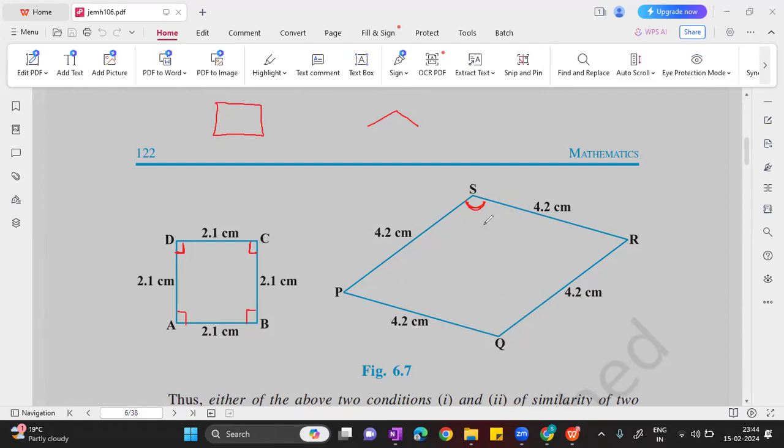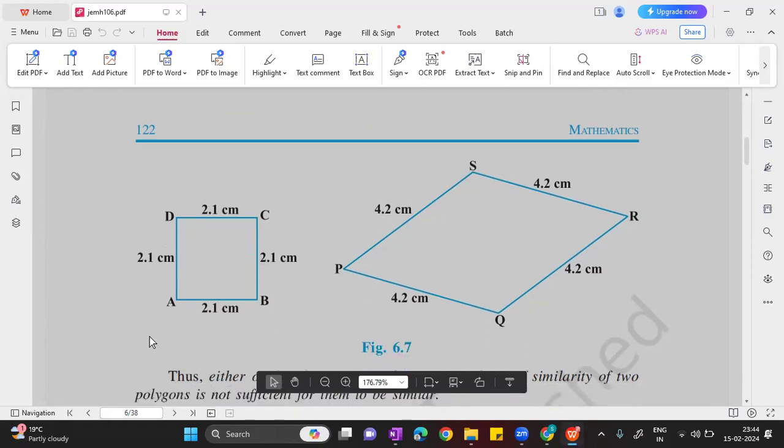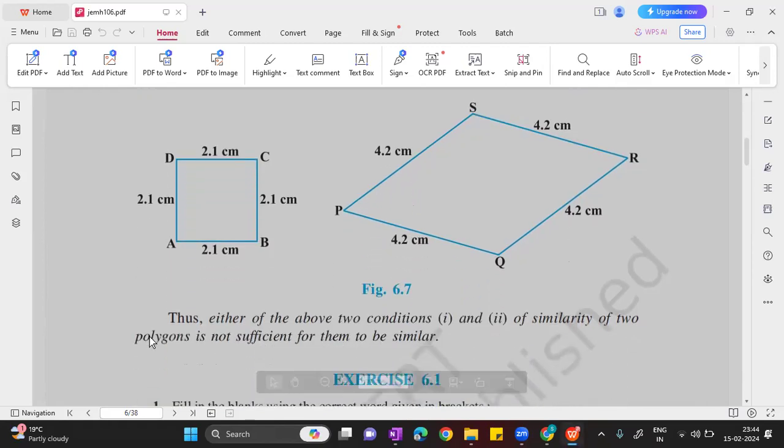So the angles here are not equal. Do you understand? Yes. And just remember one thing, if the condition is not being satisfied, you will directly write down, since the corresponding angles are not equal, the figures are not similar. You don't even have to check the other one. Got it?